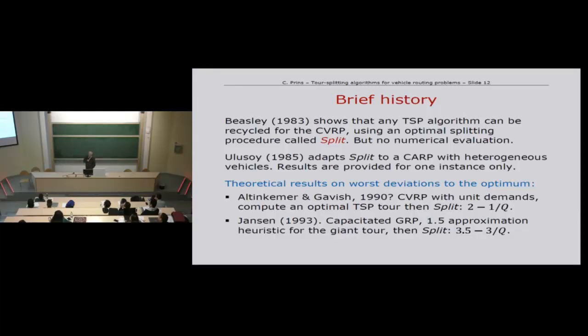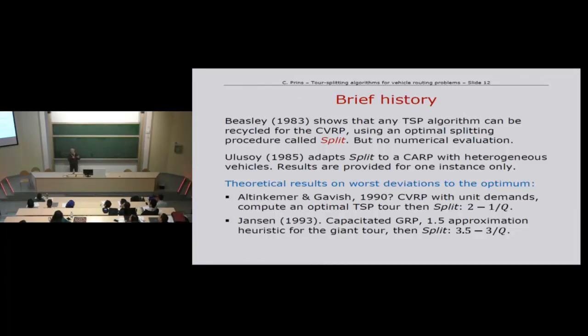And Haimovich and Rinnooy Kan in 1985 found a similar result, but for the capacitated GRP. So the GRP is the general routing problem. It's like the TSP, but you have a combination of required nodes to be visited, and required edges. So the capacitated GRP is the same, but with capacitated vehicles.